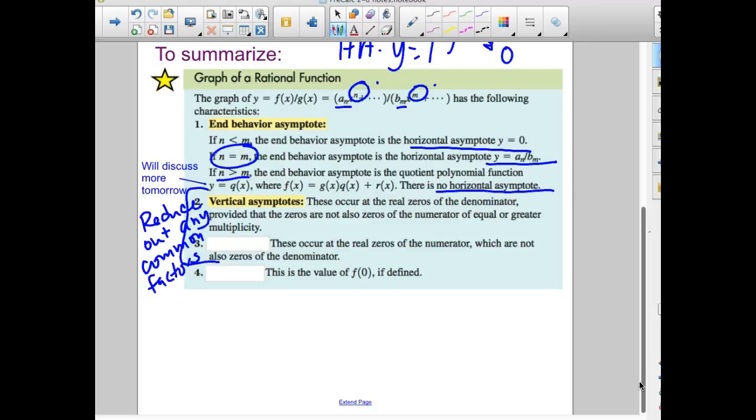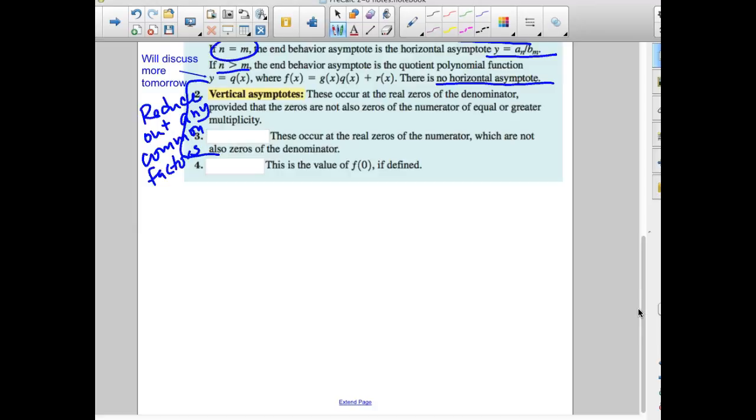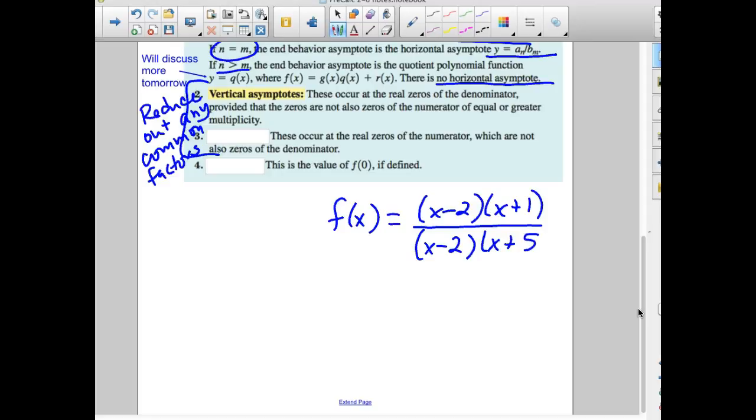What I mean by that is, let's say our polynomial, if we factored it, was x minus 2 times x plus 1 over an x minus 2 times an x plus 5. This x minus 2 drops out. So it is not a domain restriction. It's not going to be a vertical asymptote, and it's not going to affect our x-intercepts either. So for both of those, we have to get rid of those common factors first.